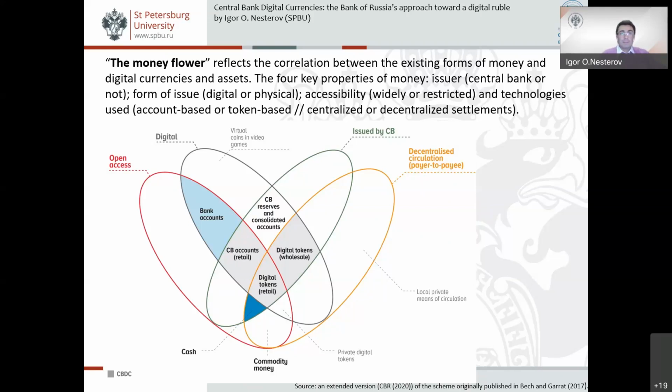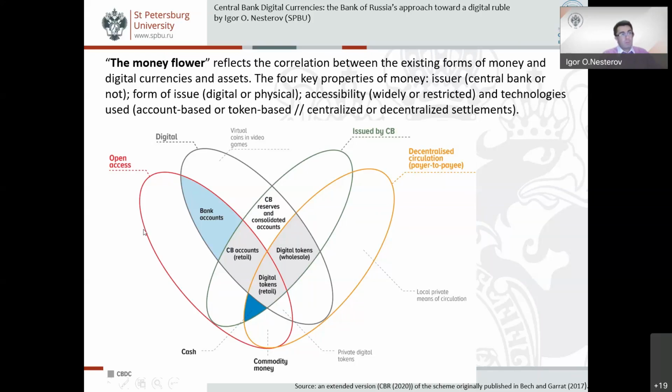So that is regarding the central bank digital currency nature, definition, distinctions and similarities to traditional or canonical money forms.